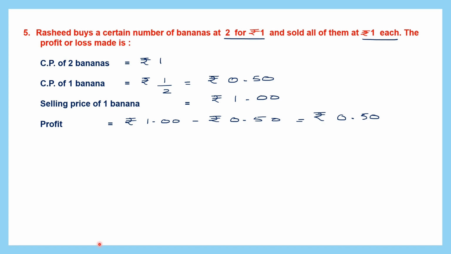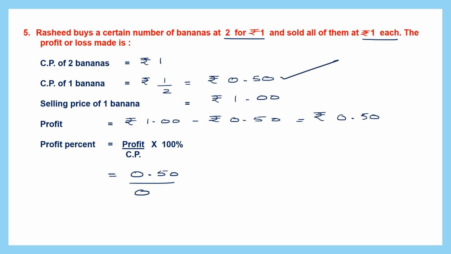Now since your answer is in percentage, we have to find the profit percent. So profit percent will be profit divided by cost price into 100%. So what is the profit? Profit is 0.50. What is the cost price? Cost price is also 0.50. Now we multiply by 100%.